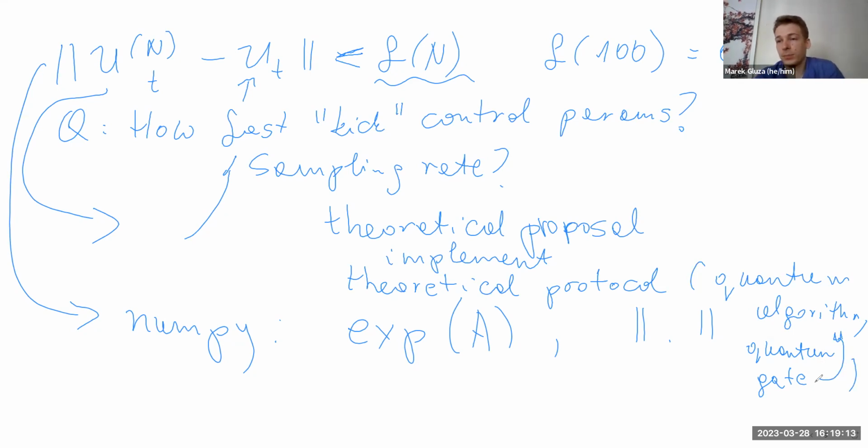So that theoretical proposal should use maybe some time-dependent pulses, which means the hardware Hamiltonian, the physical Hamiltonian of the qubits will be changing over time. And then you want to say, okay, I want to use this theoretical protocol that I just proposed, and I want to implement it. So I need a theoretical proposal.